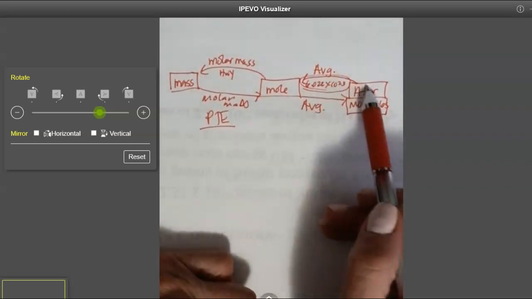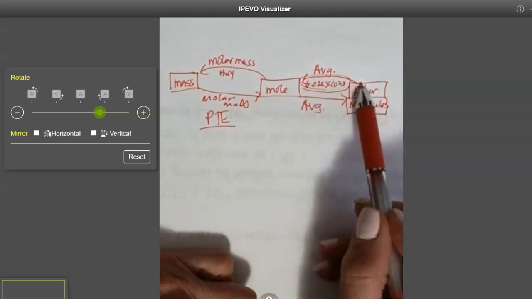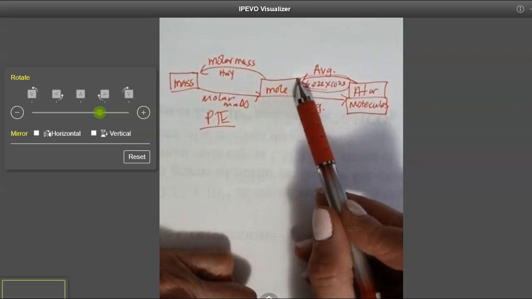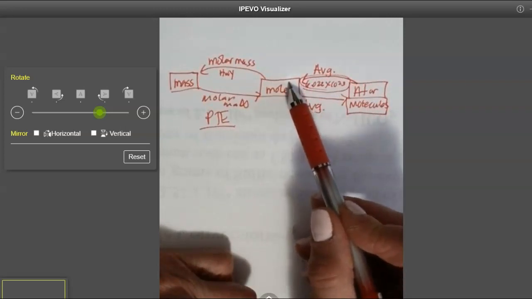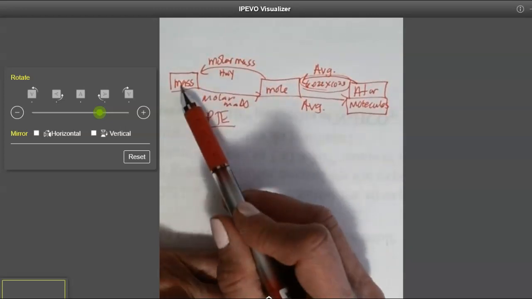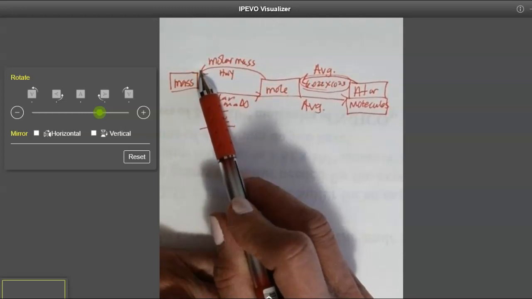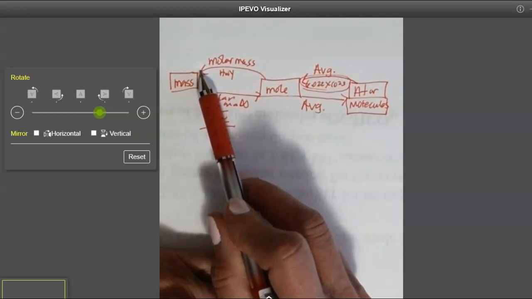And again, if we're going in the opposite direction, from atom or molecule city to mole city, I'm going to jump on Avogadro's highway and use that 6.022 times 10 to the 23rd. And if I'm going from moles to mass city, I'm going to jump on that molar mass highway, which is going to be found on the periodic table of elements.